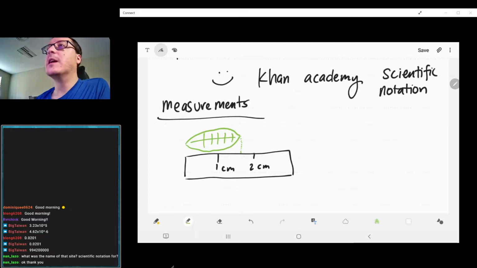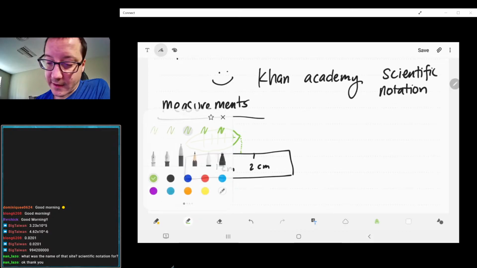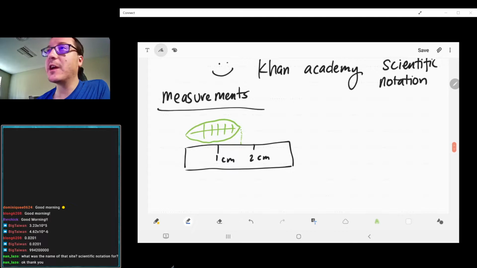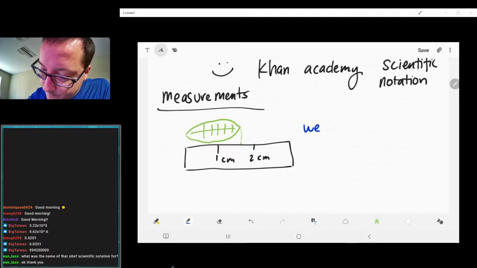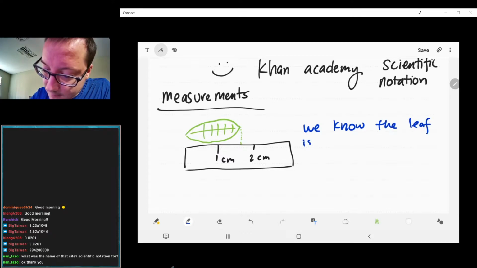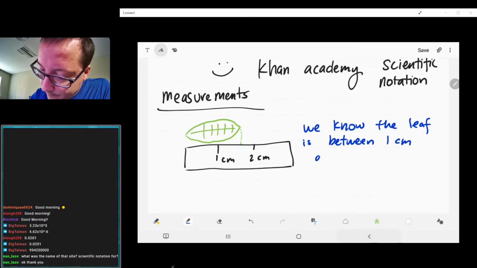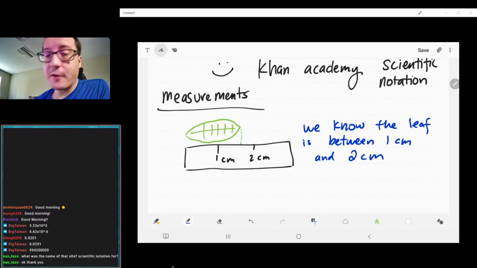If we wanted to measure the length of this leaf, for whatever reason, you would align it with your ruler and try to measure how long it is from tip to tip. We can see here that we know the leaf is, for sure, 100% for sure, between 1 centimeter and 2 centimeters.